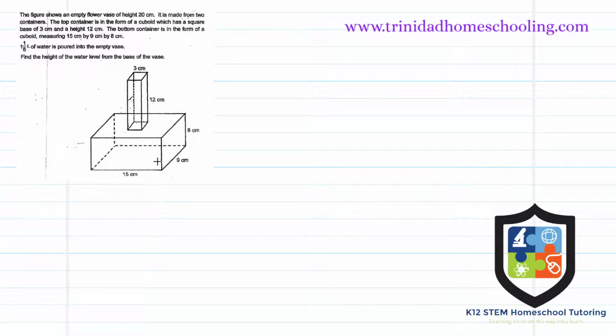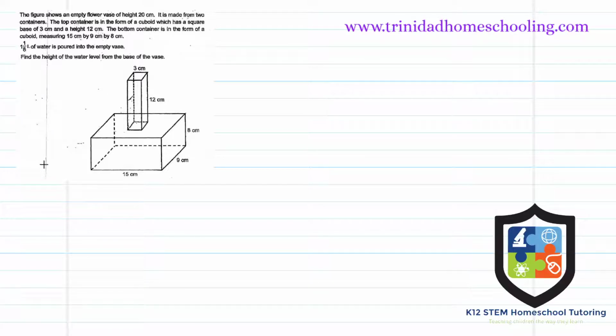The bottom container is a cuboid as well, with dimensions 15 centimeters by 9 centimeters by 8 centimeters. They're also telling us that 1 1/8 liters of water is poured into the empty vase, and they want us to find the height of the water level from the base of the vase.